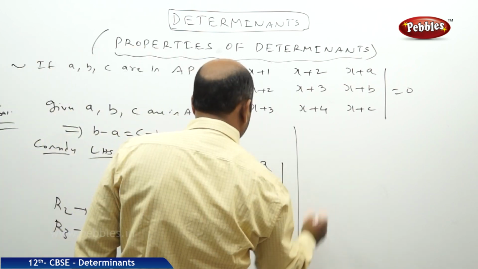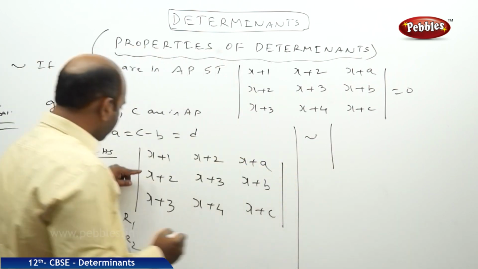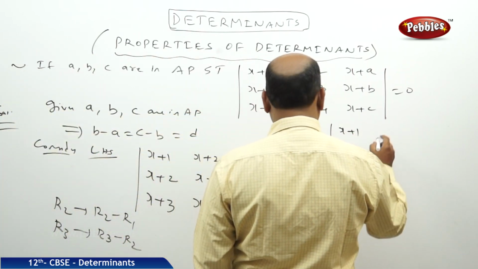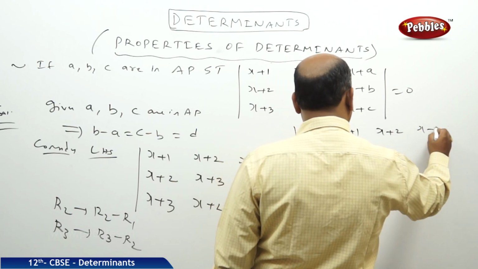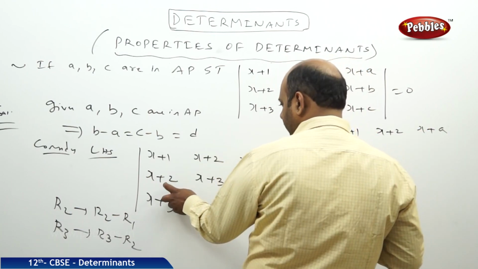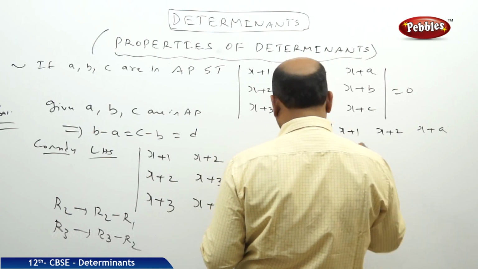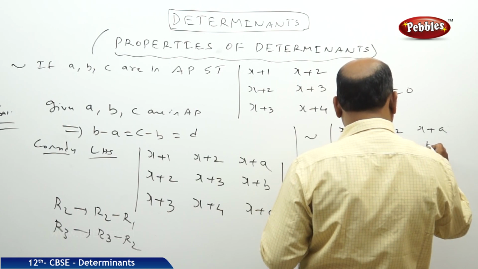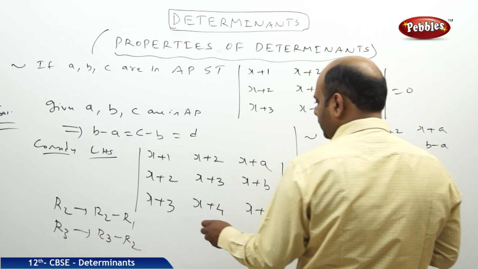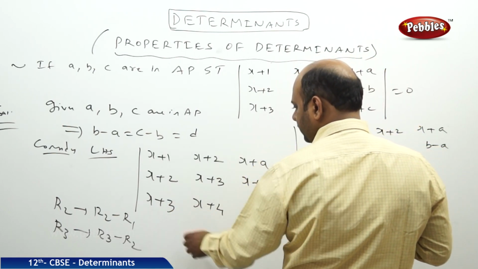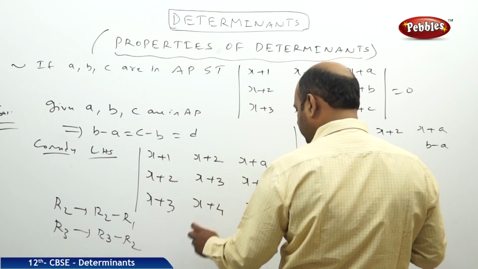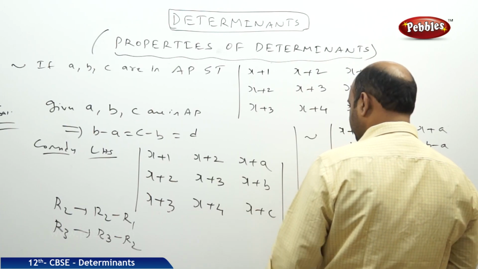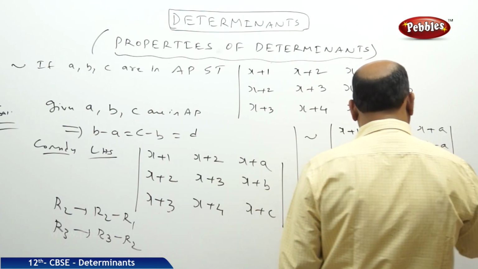So what happens here? The first row will be as usual: x plus 1, x plus 2, x plus a. When I subtract R2 minus R1, I get 1, 1, and b minus a. And when I subtract R3 minus R2, I get 1, 1, and c minus b.